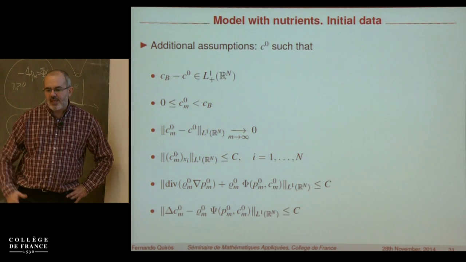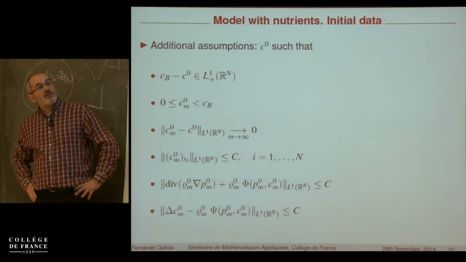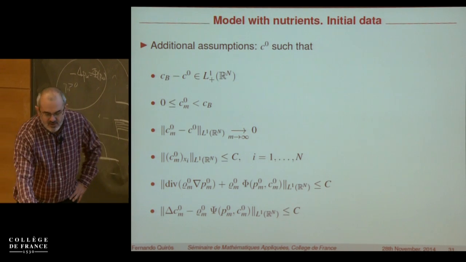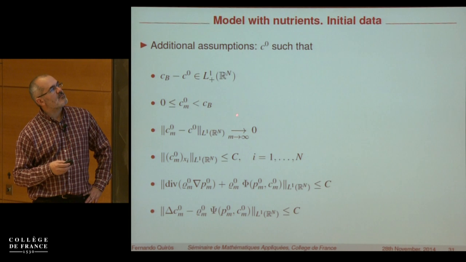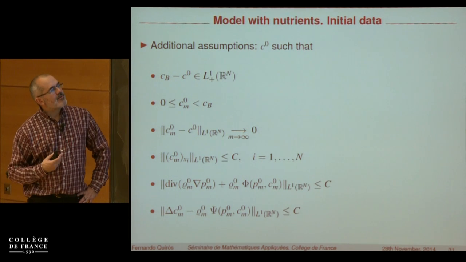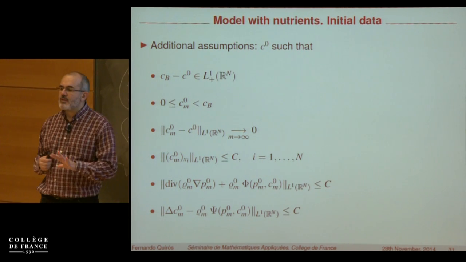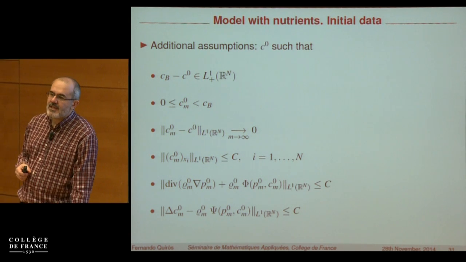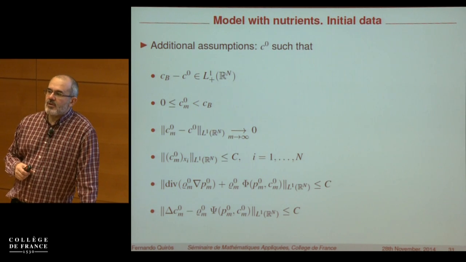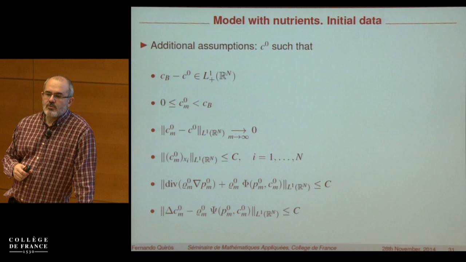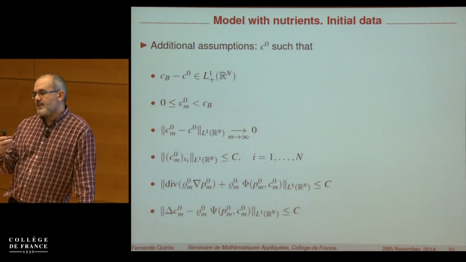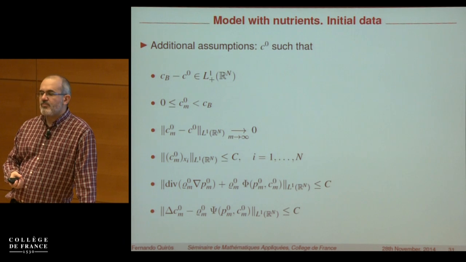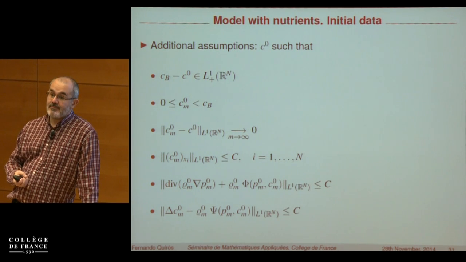So here we need additional assumptions. Of course, we need assumptions on the initial density, which are more or less the same ones as we were assuming before. But in this case, we are not able to obtain a semi-convexity estimate. So we are not able to get good estimates for the time derivatives. So if you want to get these estimates, you have to impose them on the initial data.